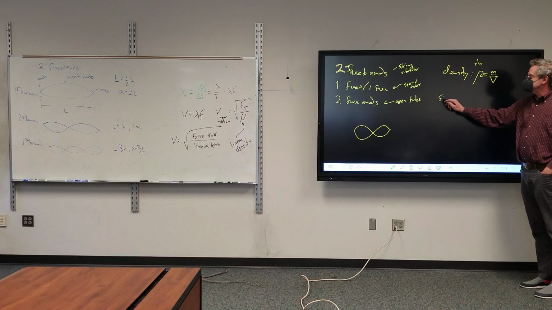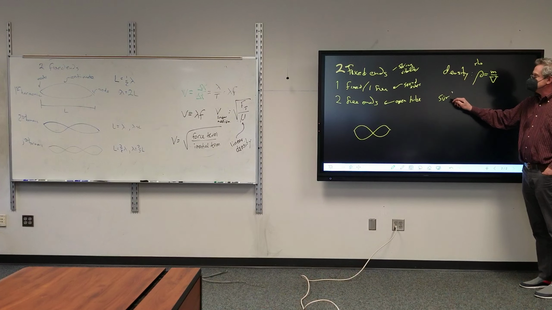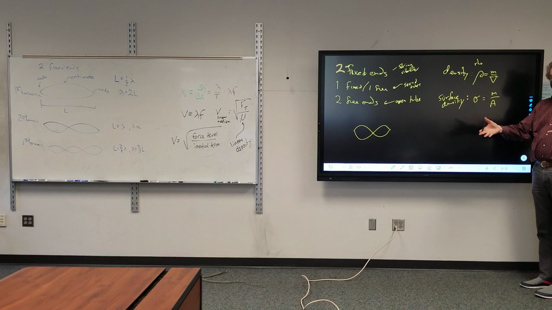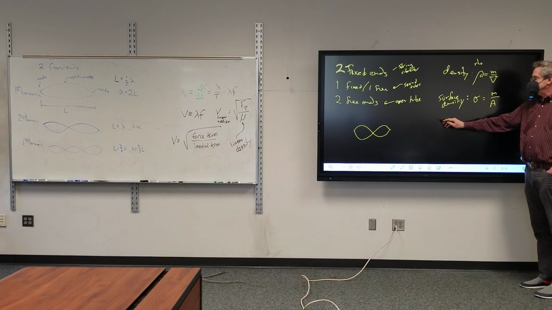Surface density, since we're not dealing with volume, that's sigma, the symbol for surface density. There are others that are used, but that's the one that I use. It is mass divided by area, because surfaces have an area, they don't have a volume. And then there's linear density.